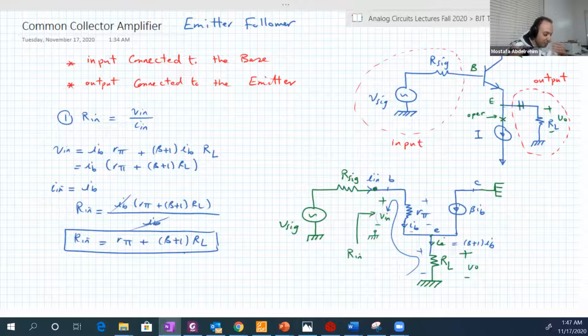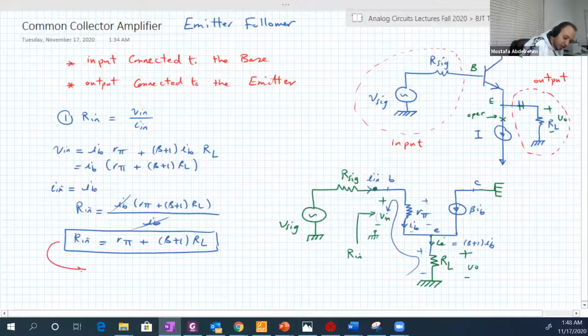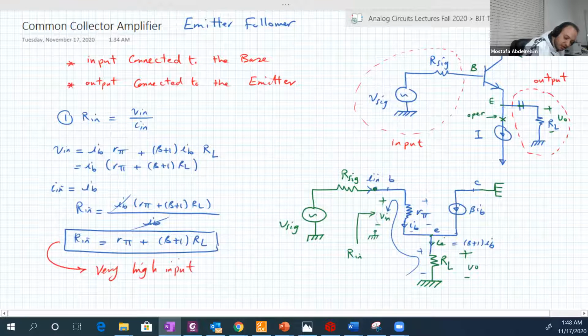So based on that analysis, we now see that the common collector amplifier, or the emitter follower circuit, usually has very high input resistance. So this is the first advantage of the common collector amplifier: very high input resistance.